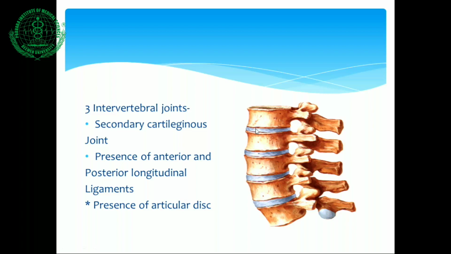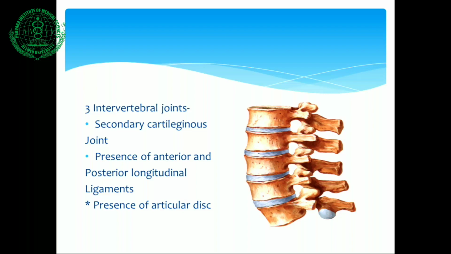And adjacent to the vertebrae, here you can see there is presence of an articular disc. This is a white colored articular disc. The articular disc consists of centrally nucleus pulposus and peripherally annulus fibrosus. The different ligaments which surround intervertebral joints are anterior and posterior longitudinal ligament.